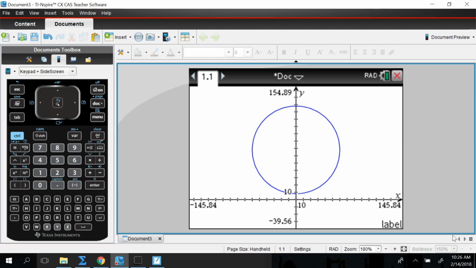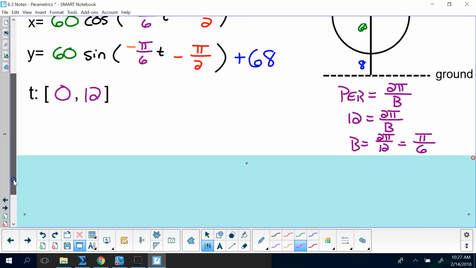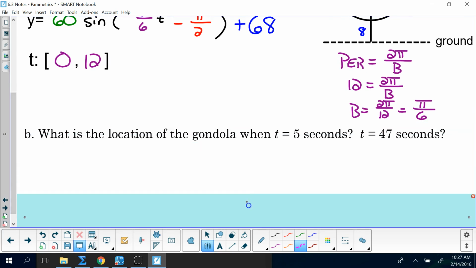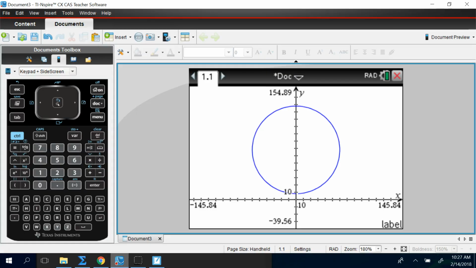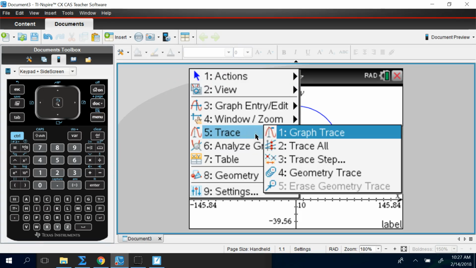Okay? Now, from this, we can ask some questions. A question that we could ask is, what is the location of the gondola at 5 seconds? What is the location at 47 seconds? Well, we can go back in here, and now we can trace our gondola.